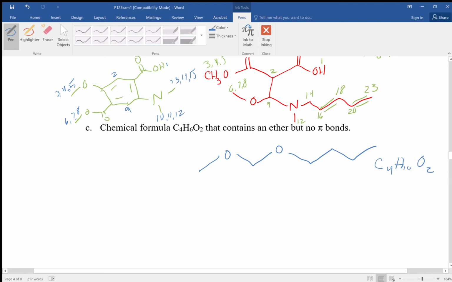And so we just need to do things to get rid of them, and the problem actually specifies no pi bond, so we can't put in a double or triple bond. So the only way around that is to do something like that and put in 2 rings. Remember, each time we add a ring, each time we add a pi bond, that gets rid of 2 hydrogens.